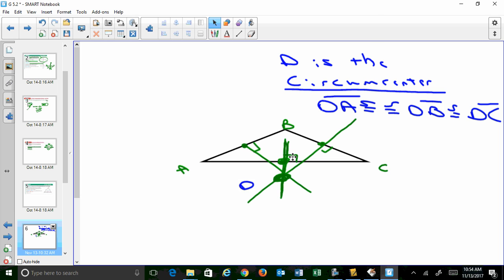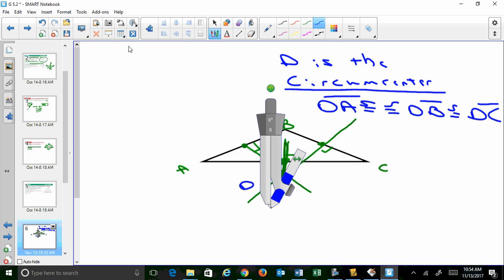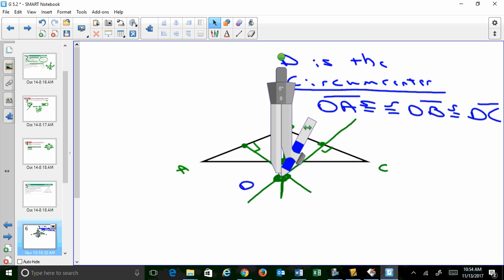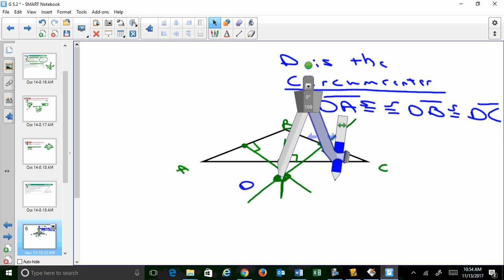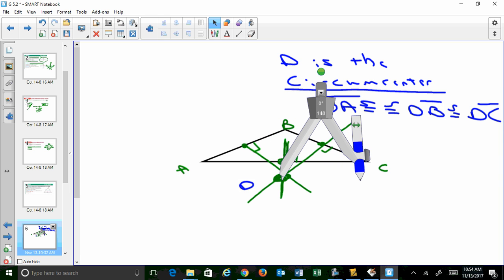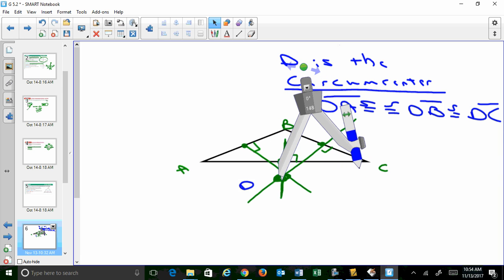If I get the tools going and I can get a compass going, and let's see if I can get this to work. So if I put that on the circumcenter and I extend this out, I wrap it around so it hits that.